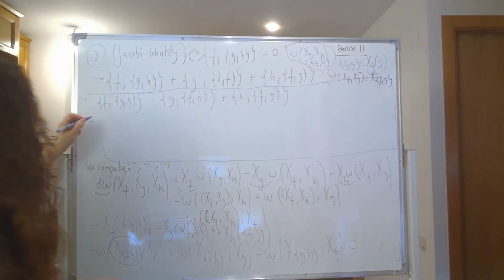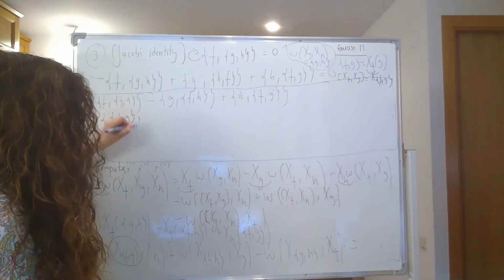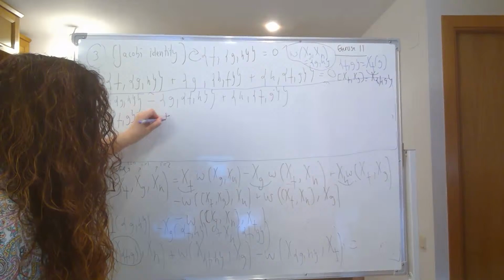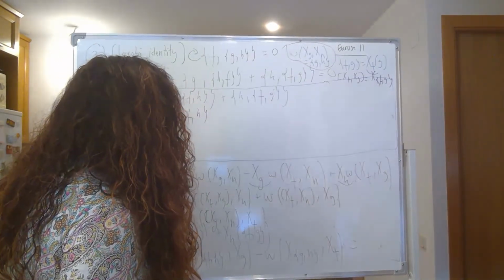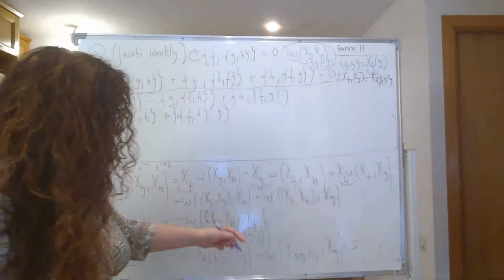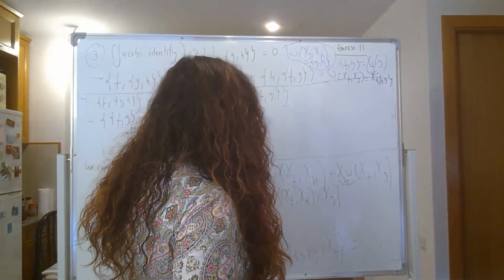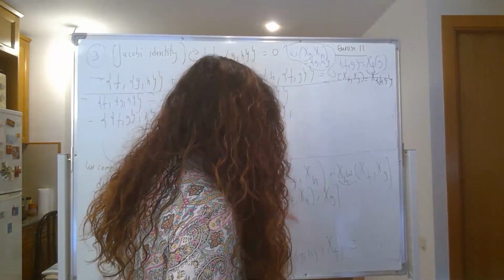Okay, so I just get the bracket of F, G and H plus the bracket of F, H and G. All right, and the last one is minus GH, F.